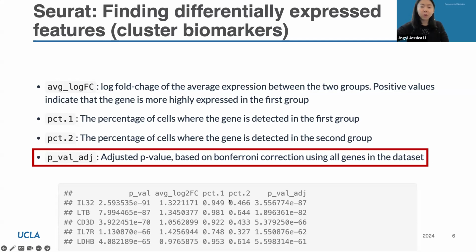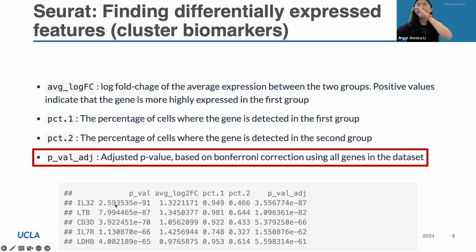PCT.1 is the percentage of cells where the gene is detected, with a non-zero expression. PCT.2 is the percentage for group 2. For these genes, which are found as marker genes for group 1, they have much higher percentages of expression in group 1 than in group 2, which is expected. And for each gene, Wilcoxon will give a p-value.